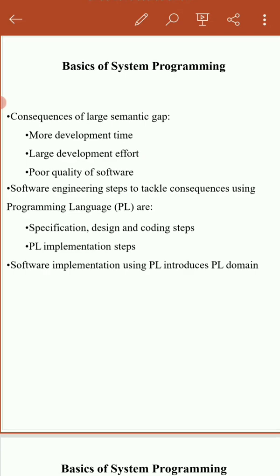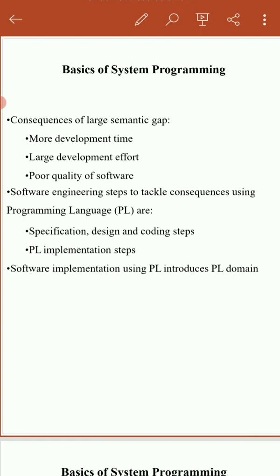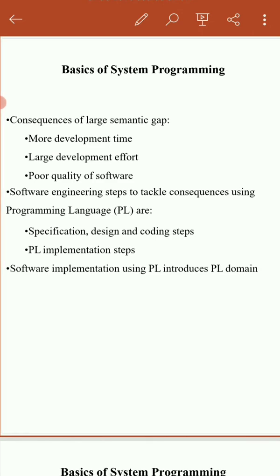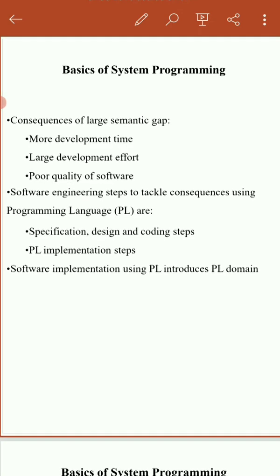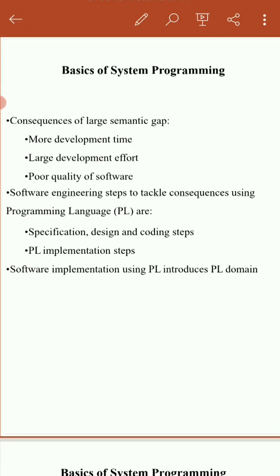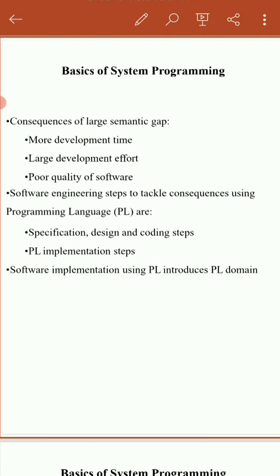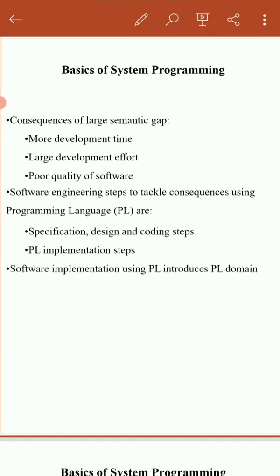After that we have seen what a language translator means: it will translate a program written in a high level language into machine code. A compiler is a language translator for programs which we write in the C language.